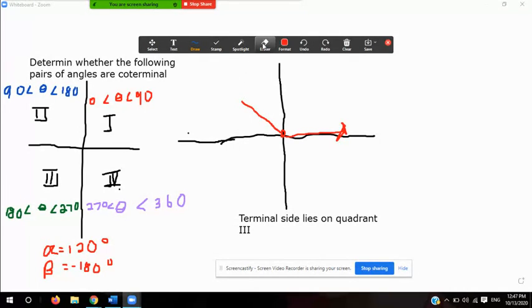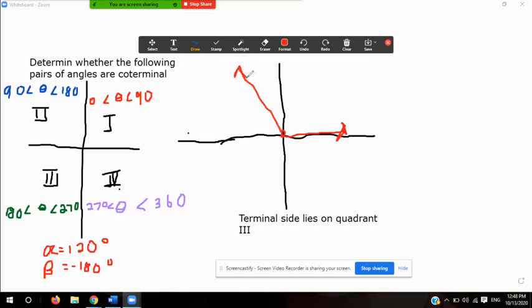Actually, I think it's a little bit lower. So 90 is here, 120 would be about here, more or less. So this would be the terminal side.